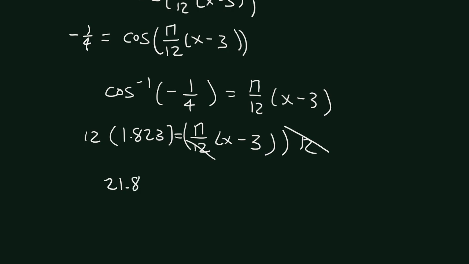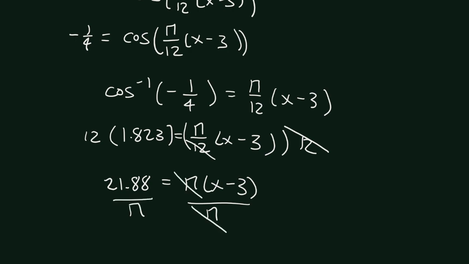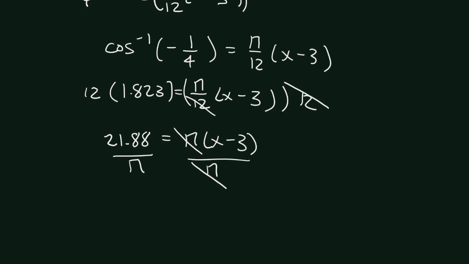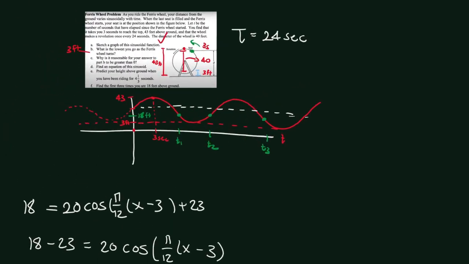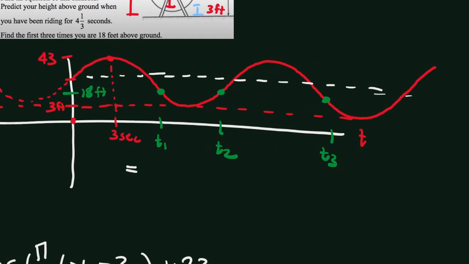We have 21.88 equals pi times x minus 3. Divide both sides by pi, and this cancels out. So we have 6.965 equals x minus 3. Add 3 to both sides, and that means x will be equal to 9.965 seconds. So that's what our first t will be, 9.965 seconds.